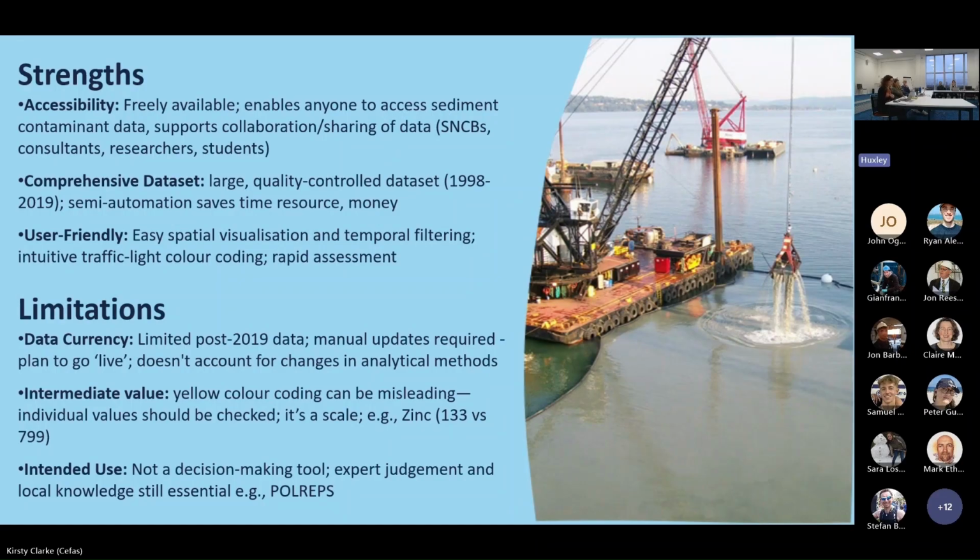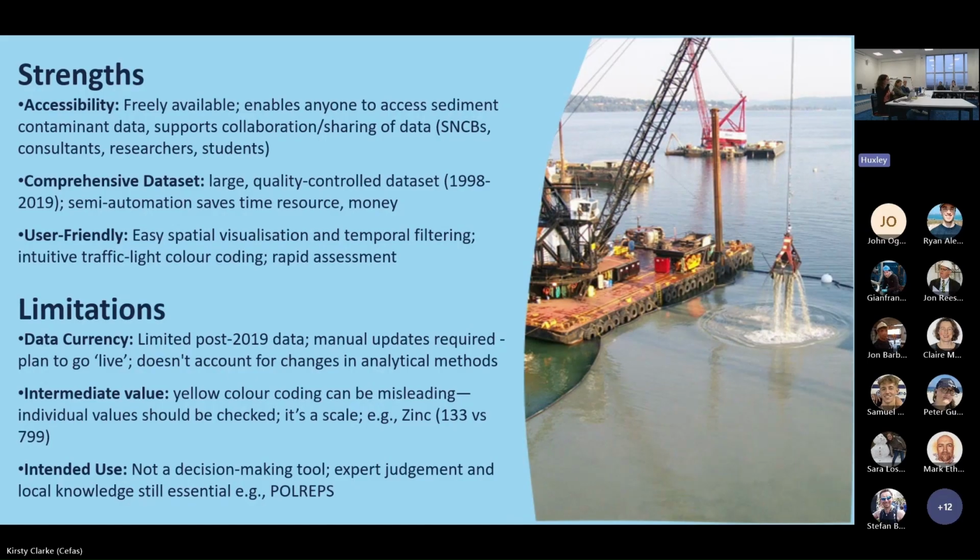Also, the intermediate value, the yellow colour coding, can be quite misleading. I think we need to ensure that advisors are checking the actual individual values. For example, if you take zinc, a result of 133, which is just above its action level 1, is not considered very risky to the marine environment whatsoever.